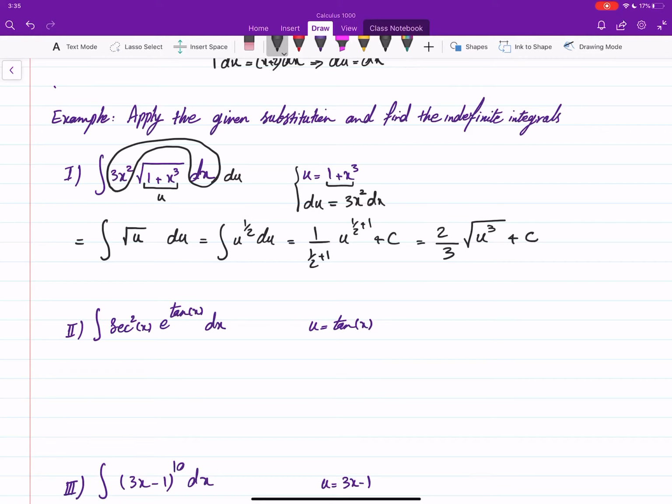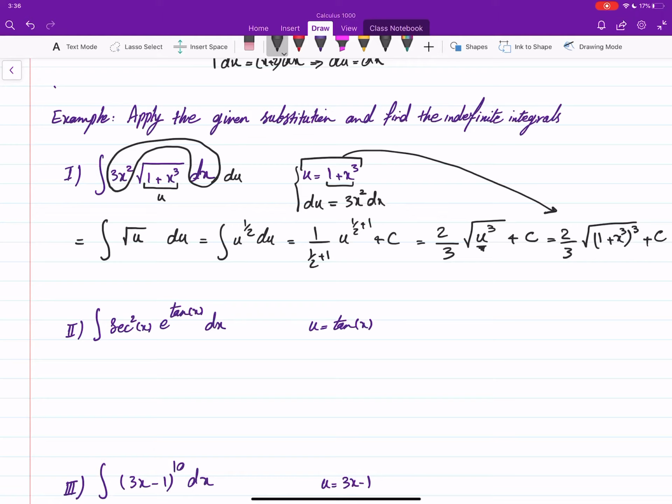Remember, we are not done until you put back x into your final answer. So wherever you see u, you plug in 1 plus x cubed. Well, this is u to the power 3, so this will be the square root of 1 plus x cubed to the power 3.